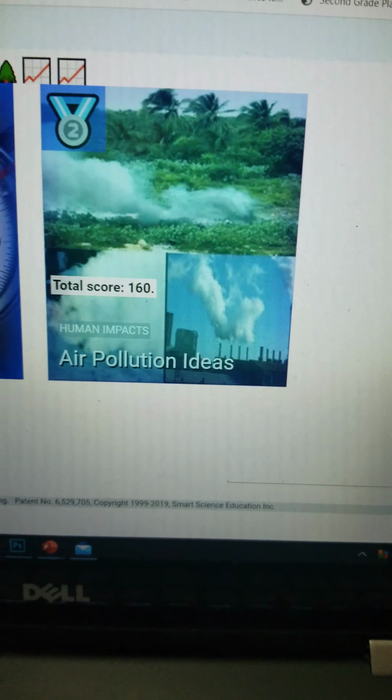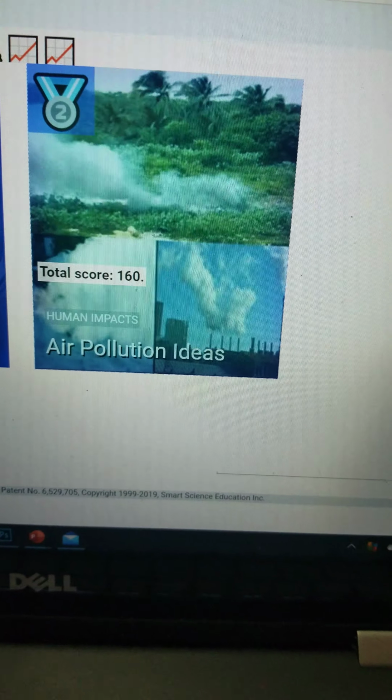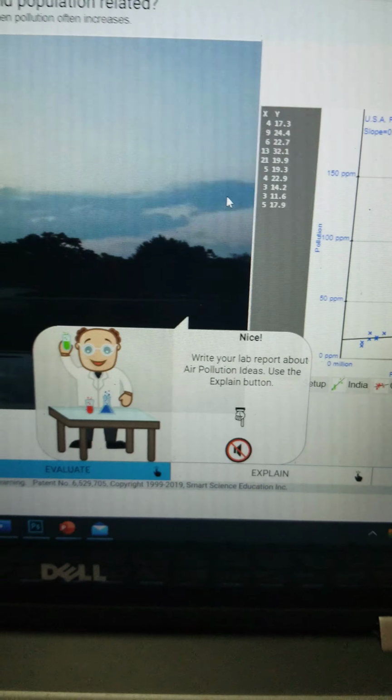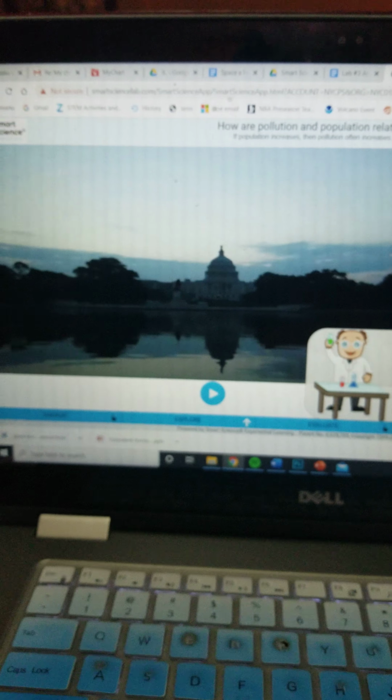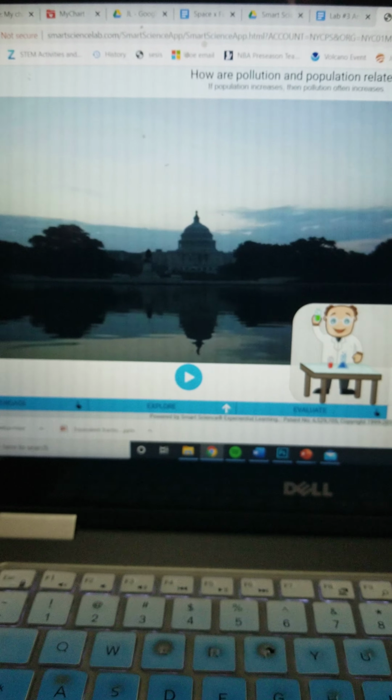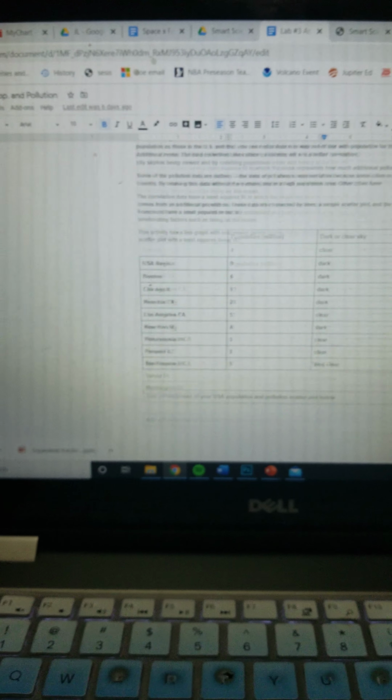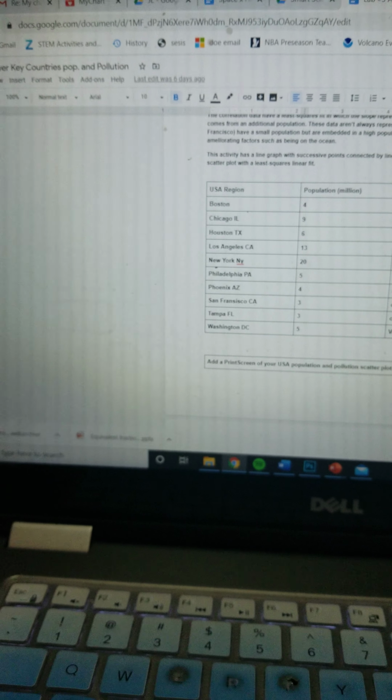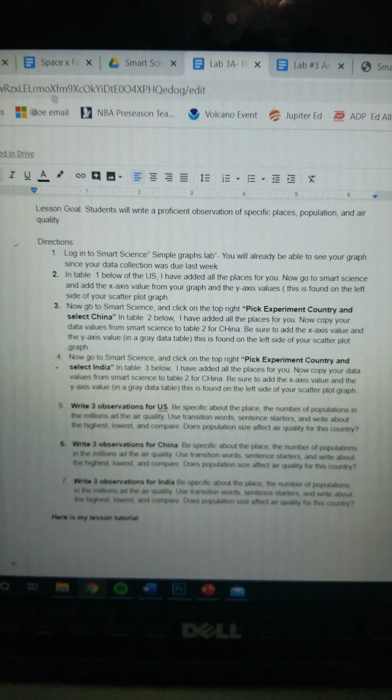So I already logged on to Smart Science. I'm going to click on Air Pollution Ideas, and I also have my Lab number 3 already opened.